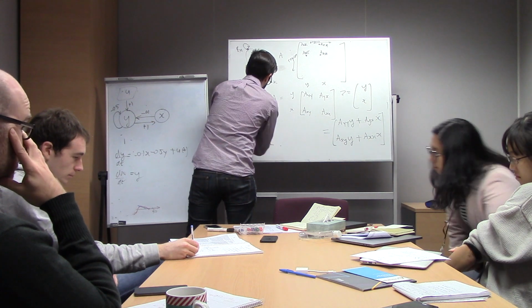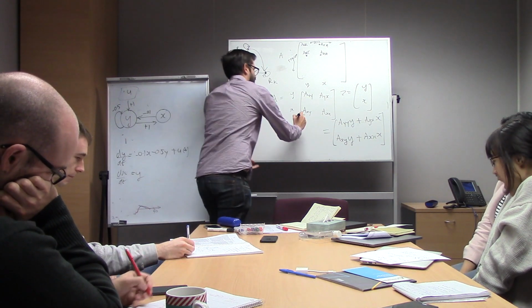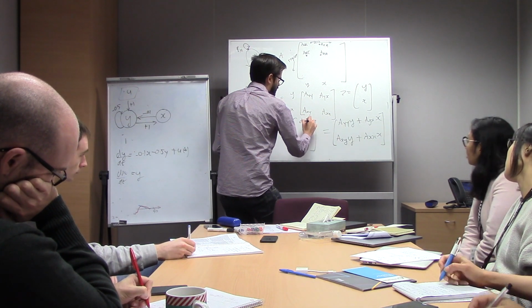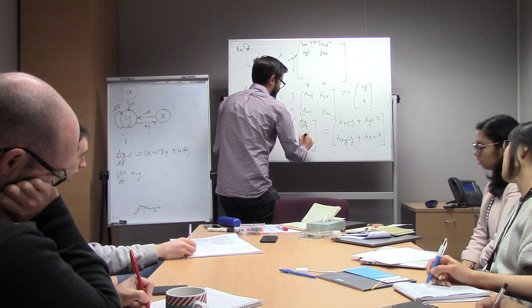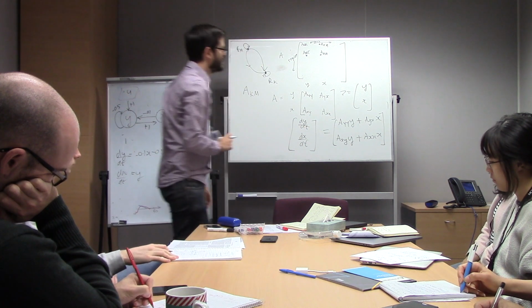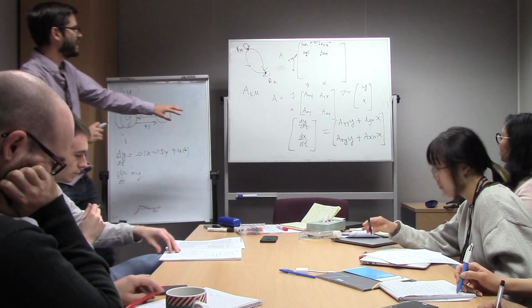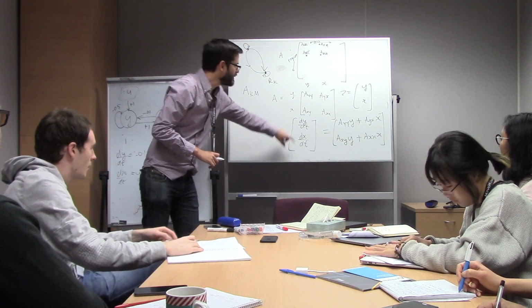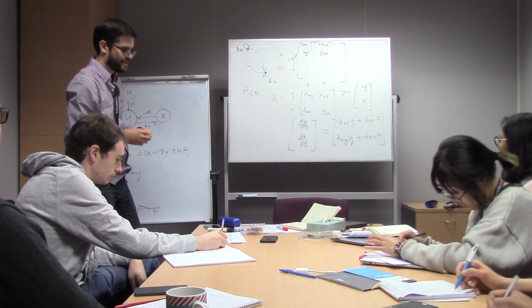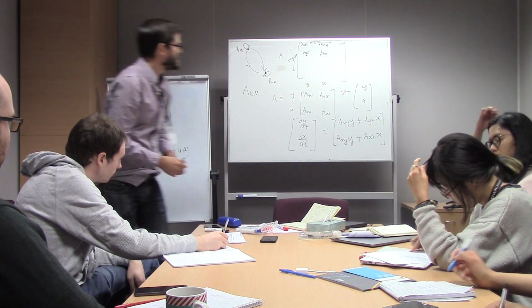What I do now is the following. I will insert into here dy/dt, dx/dt. I've just replaced this side to equal that. So if you look at all this, what is the result?